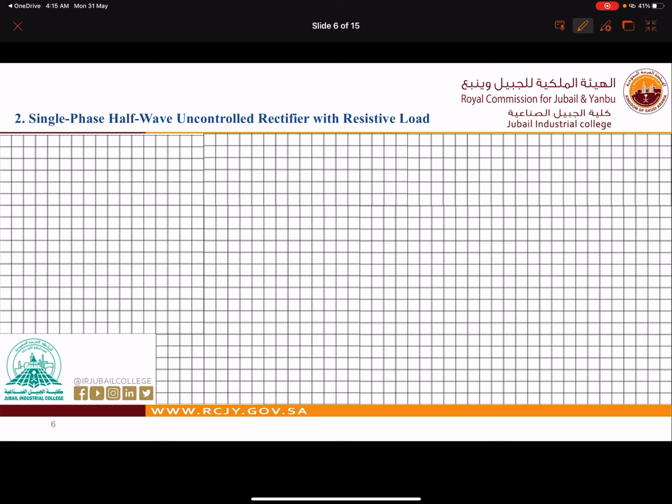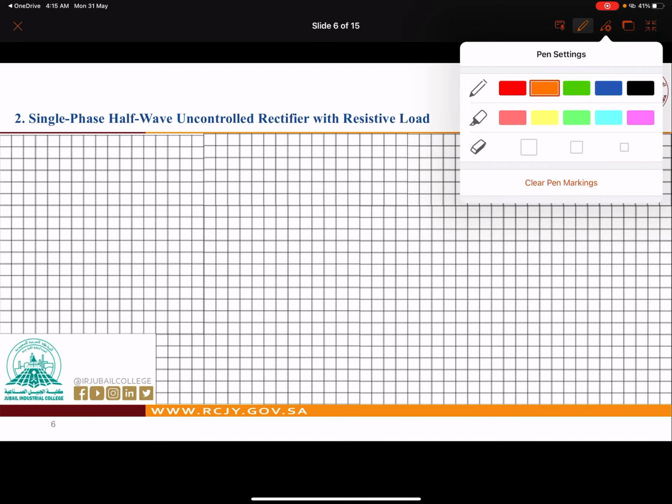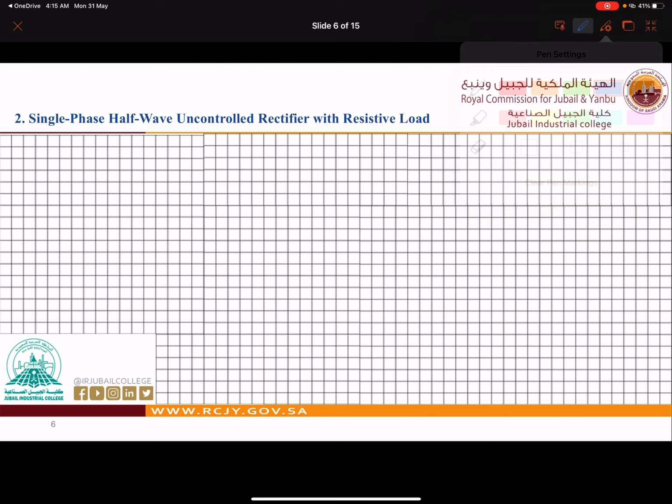I will make the supply with the, let me just use the supply with the blue color. Okay. Now this is our y-axis, and this is our x-axis, right? Suppose that we have here our peak value for the voltage.